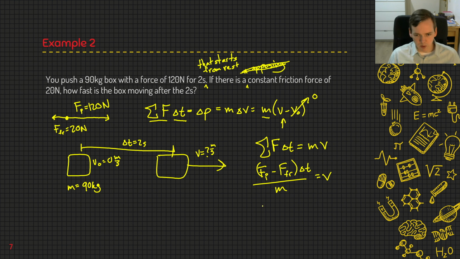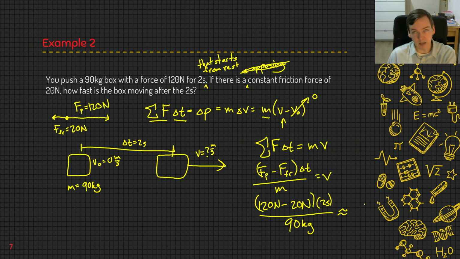Plugging in those numbers, we get 120 newtons minus 20 newtons times 2 seconds over 90 kilograms. And this is going to be approximately 200 divided by 90. That's about 2.2 meters per second, which is going to be our final velocity. Not exactly, it's going to be slightly more than 2.2, but I can't quite do that in my head.